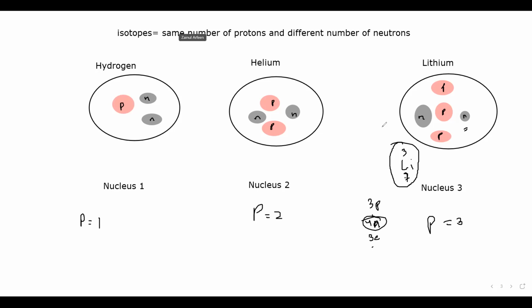We don't bother about the neutron number, because it might change even when the element is the same. When the neutron number changes, it is called an isotope of the element. Is it clear? Yes, sir.